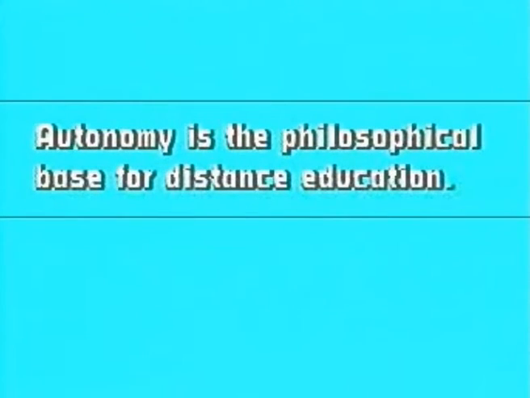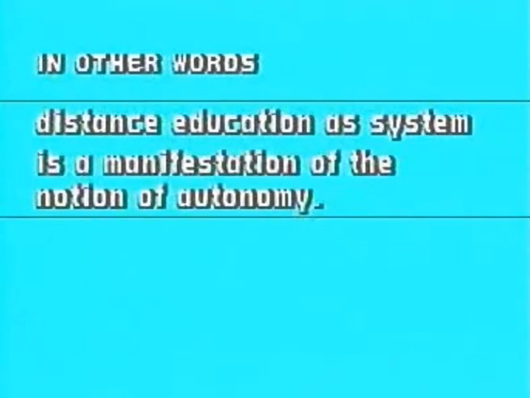So in a sense, the notion of autonomy serves as a philosophic base for distance education, while distance education then becomes a physical and concrete manifestation of the expression of the notion of autonomy.